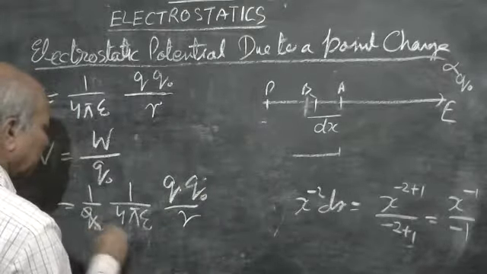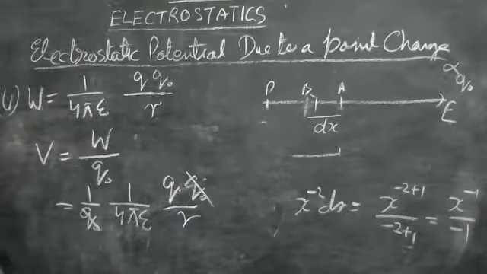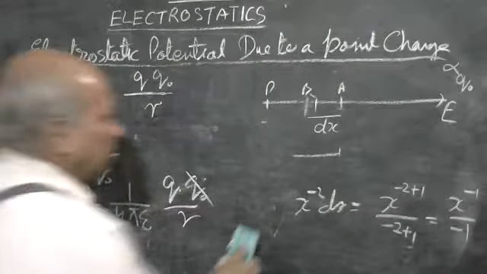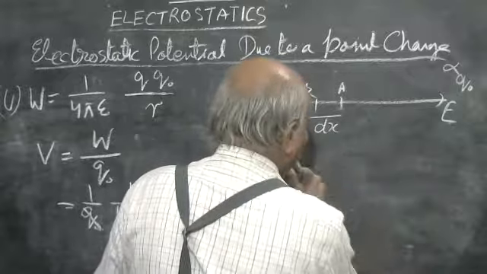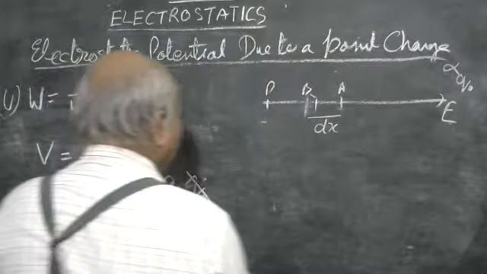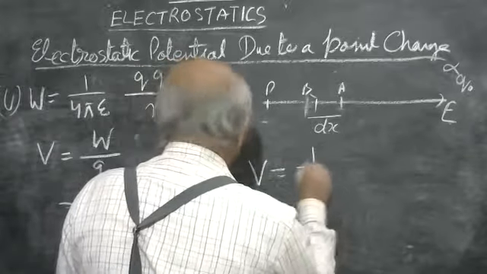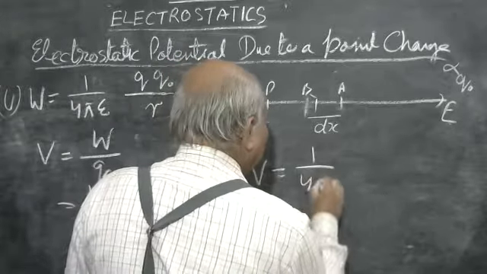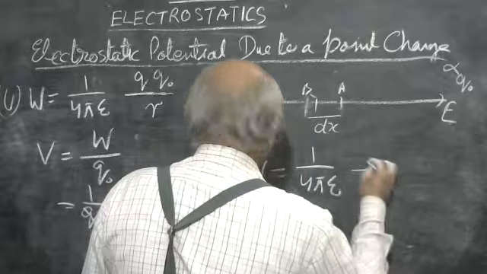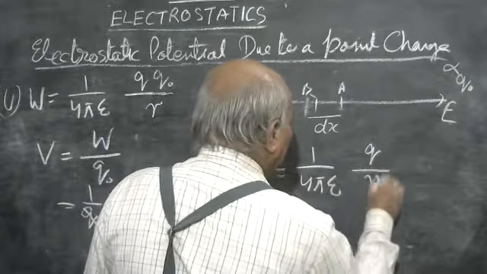This q naught will cancel. Now the electric potential V will be 1 upon 4 pi epsilon naught q upon r.